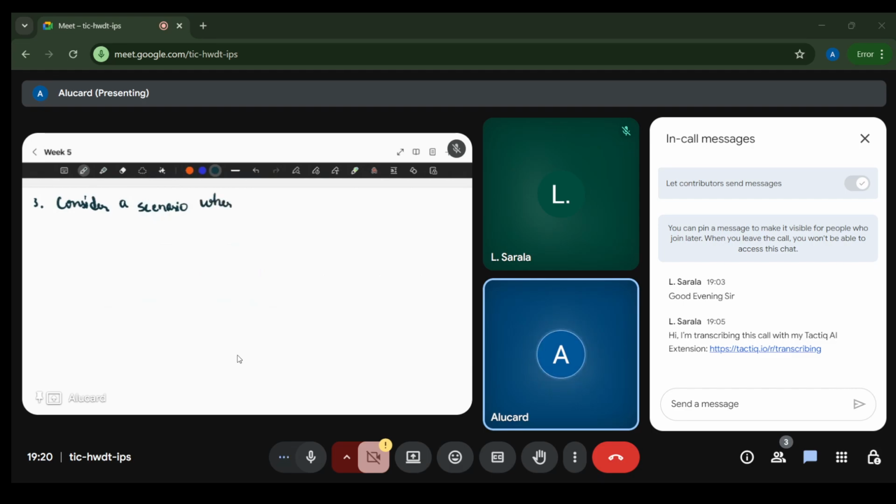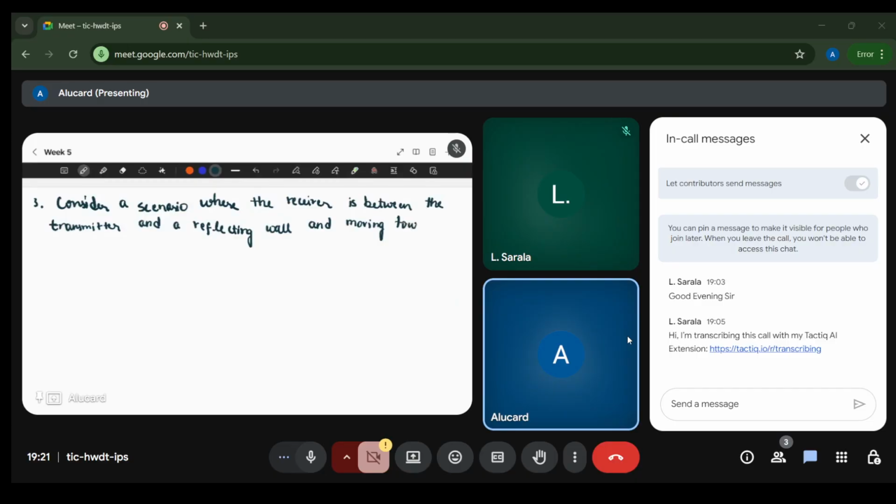Consider a scenario where the receiver is between the transmitter and a reflecting wall, and moving towards the reflecting wall.